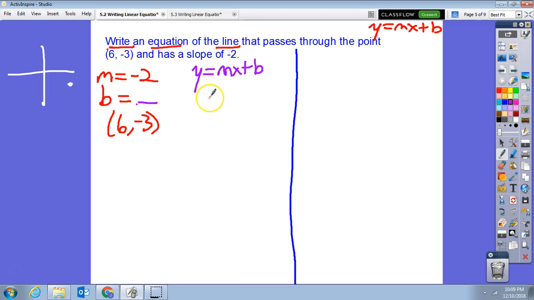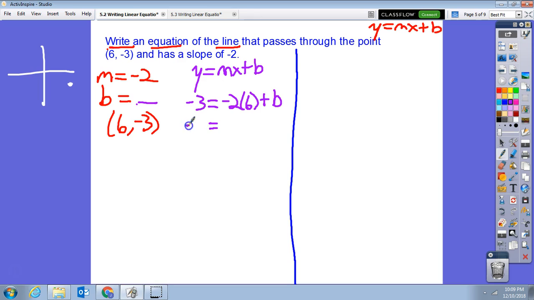What you basically do is you take what you know, you plug it in to find what you don't know. So you have m is -2. You know an x value of 6 from the point that you had. You know that the y value is -3 from the point that you had. And you do not know what b is. So you solve this equation, meaning you find what b is.